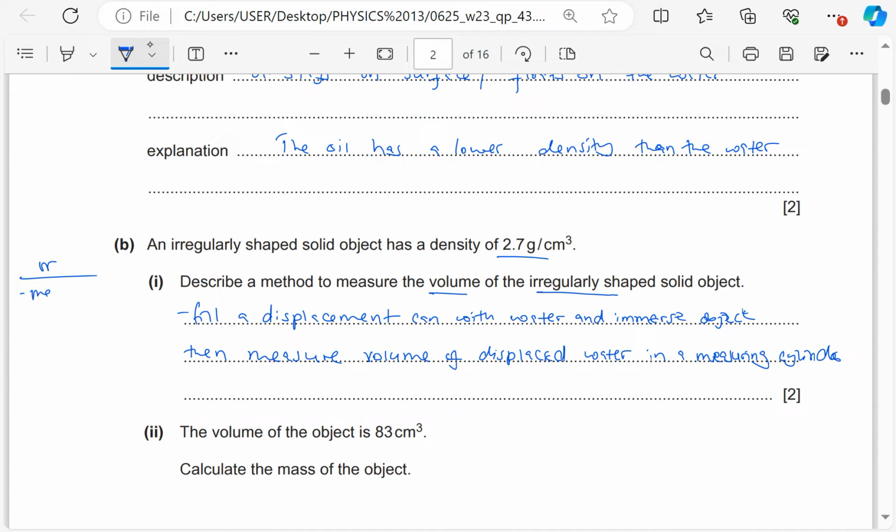Alternatively, the other method could be: measure the initial volume of water in a measuring cylinder, and immerse the object.